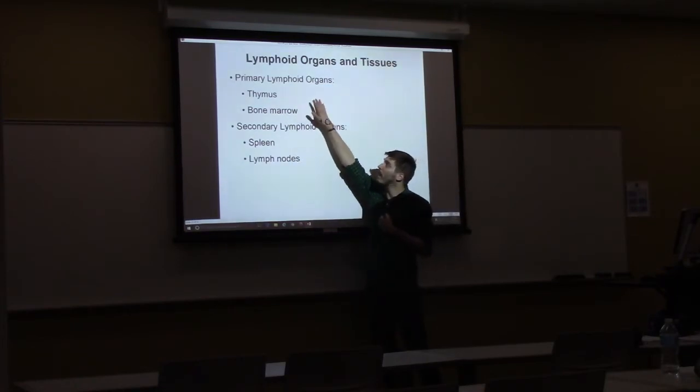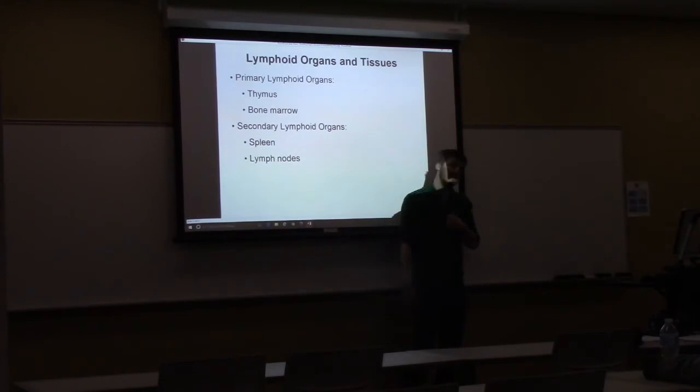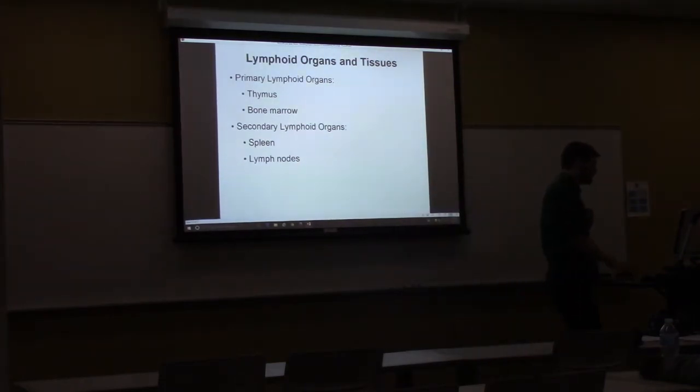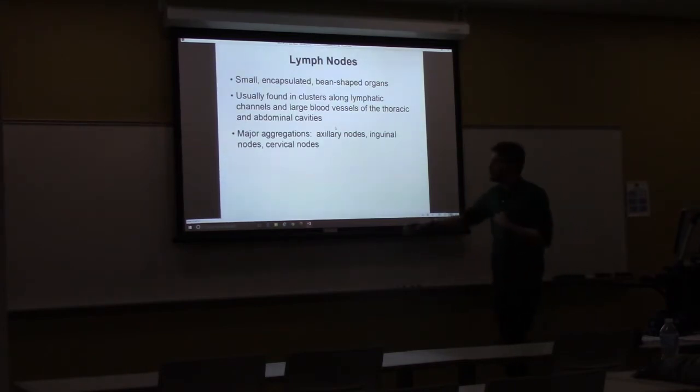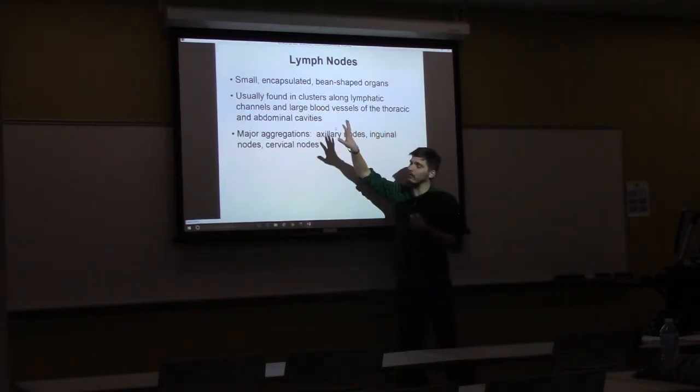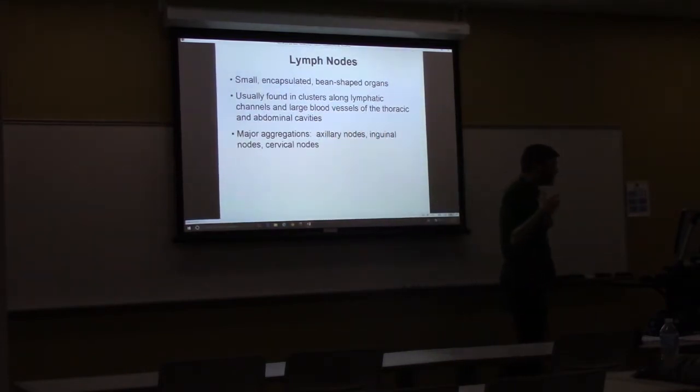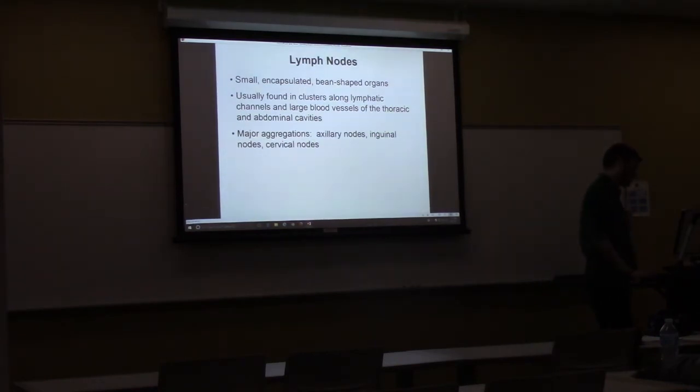Okay? Primary organs are the thymus and bone marrow, and secondary organs are the spleen and the lymph nodes, the lymphatic system. And lymph nodes are just openings of lymph vessels where immune cells can congregate and communicate with each other.